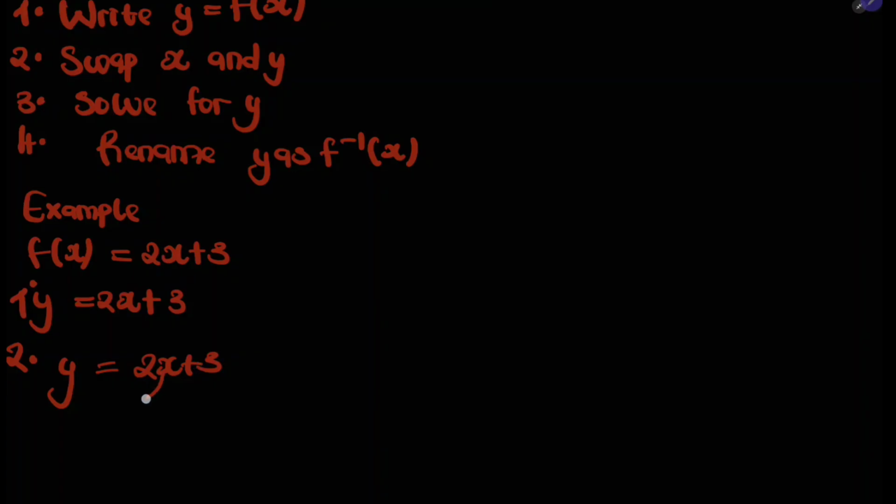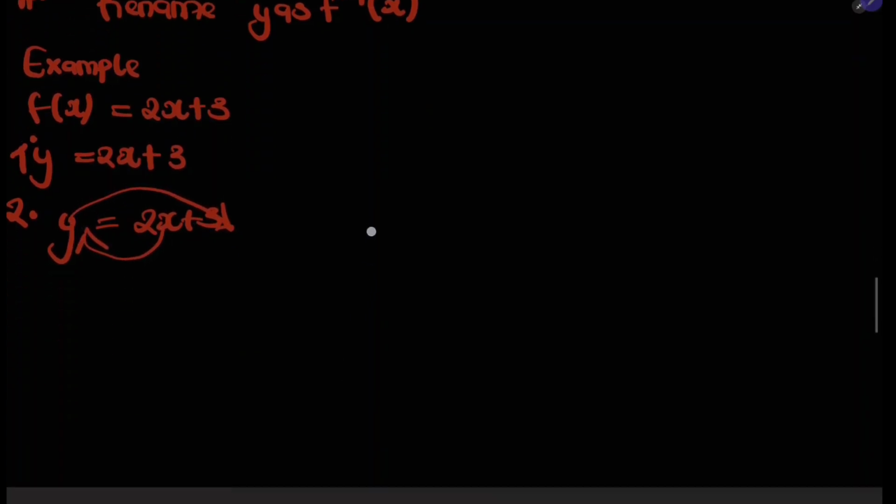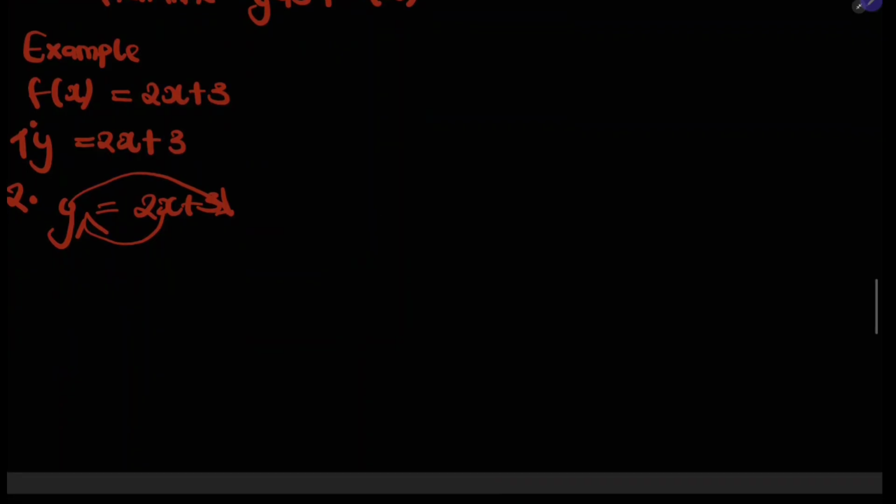We are just going to take x this way and bring y over here. So from there we are going to have minus 2x equal to 3 minus y. This is what we are going to be having. Okay, so here we're going to divide both sides by minus 2.